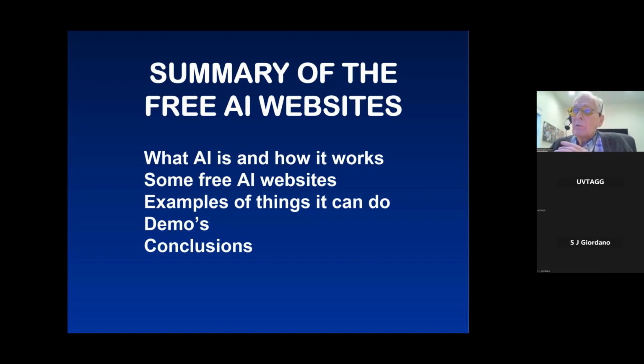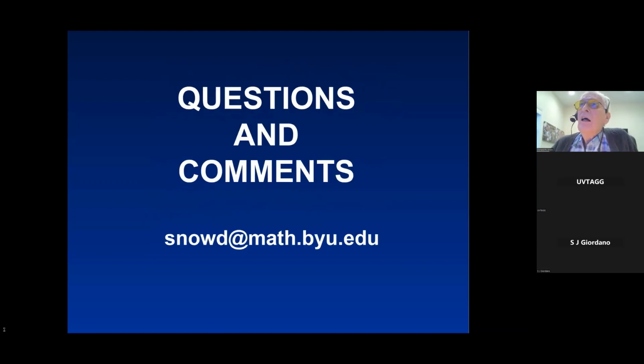And then we looked at some of these free AI websites, and there are probably 100 other ones that are free. In fact, you can ask for a list of free AI websites, and it will give you the websites, and it'll give you the link, so you can click on the link itself. We looked at some examples of things that you could do, and what it would do with some demos of it, and then we had some conclusions of that.